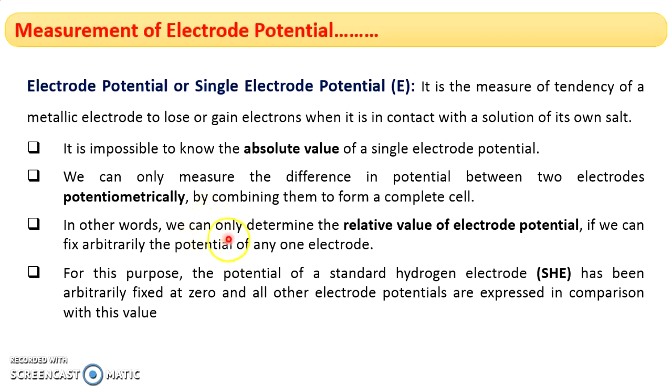In other words, we cannot find the absolute value, we can only find the relative value of electrode potential for a given electrode, and the electrode potential of the reference electrode must be known to us. It must be either fixed at 0 or its value must be known. In this way we can find the electrode potential of a given electrode. Commonly used reference electrodes are the standard hydrogen electrode, SHE, or the calomel electrode.